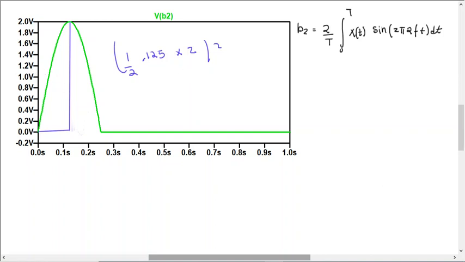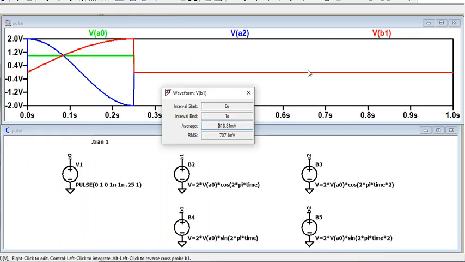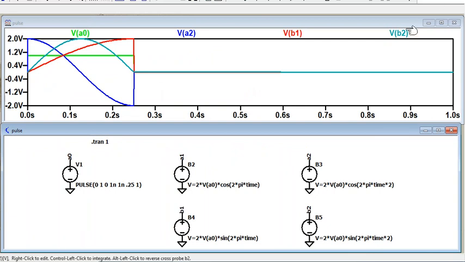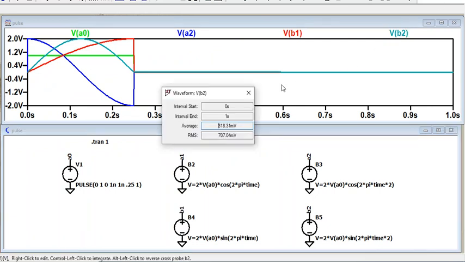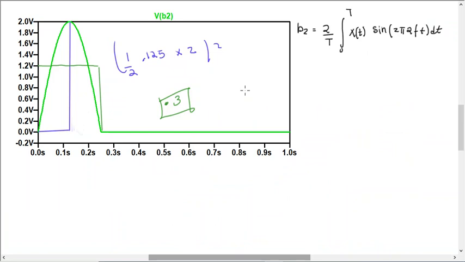And again, I could also do the rectangle method, where I'm just trying to fit the areas, make the areas equal, right? And we're going to get 0.3 again. So .318. Okay.